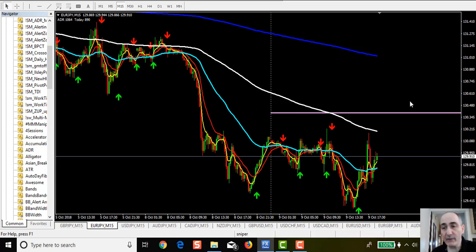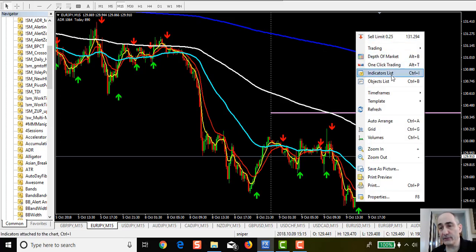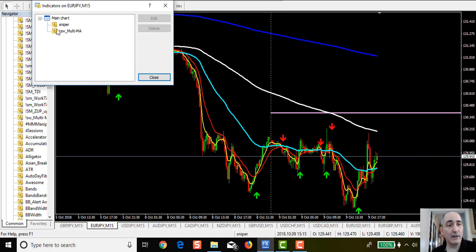So the other thing I have installed is an average daily range. It is a 14-day average daily range. Okay, so if you look at the two indicators I have installed, I call the 14-day average daily range sniper. And then I have a custom indicator here, which is where the 5 moving averages are on here.